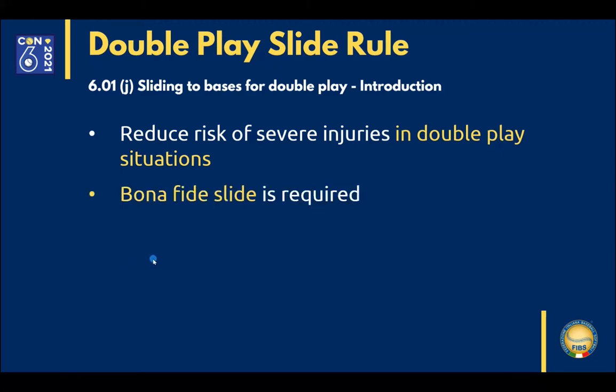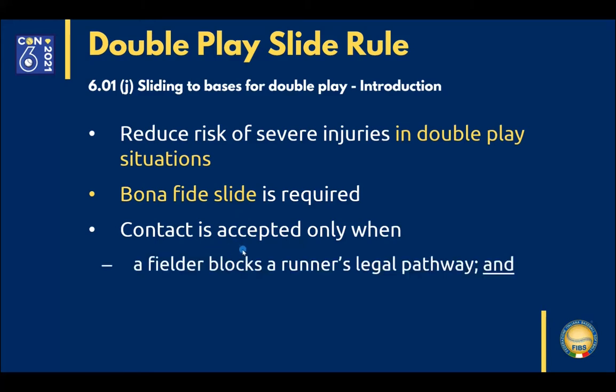The main concept of the double play slide rule is a bona fide slide. A bona fide slide is required by the runner. And contact between the runner and the fielder is only accepted when the fielder blocks a runner's legal pathway and a bona fide slide is executed.